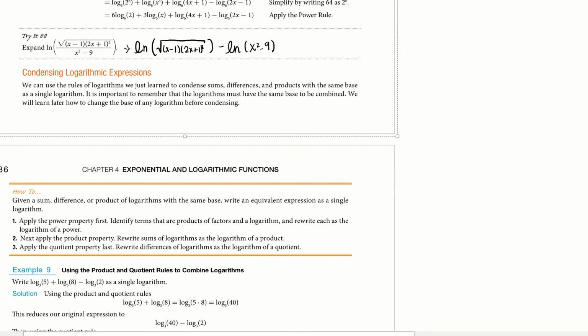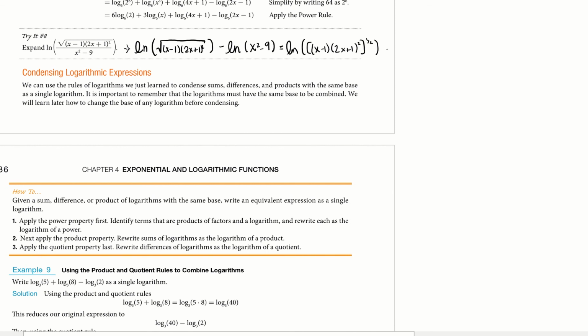So I'm just going to keep going. I'm going to take this square root and make it everything to the power of half: x minus 1, 2x plus 1 squared, to the half.